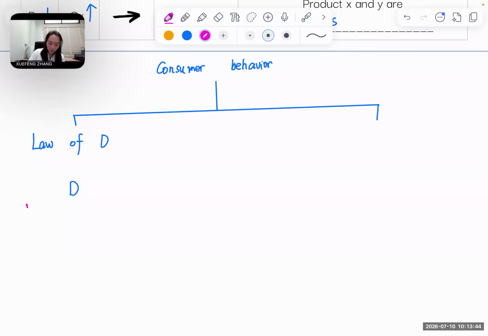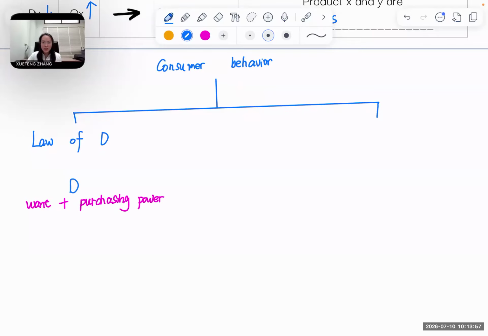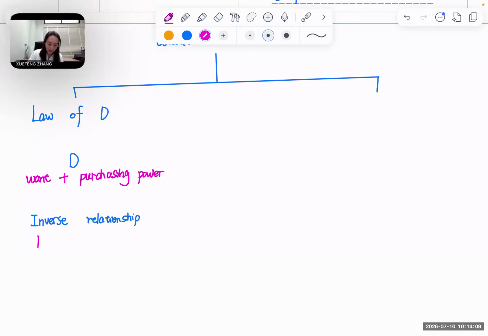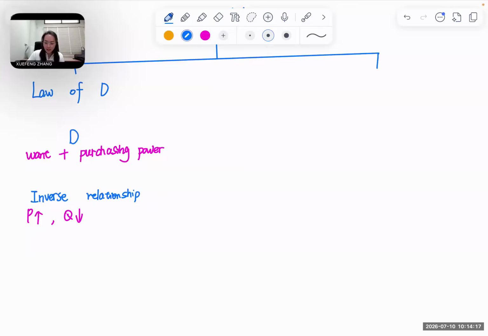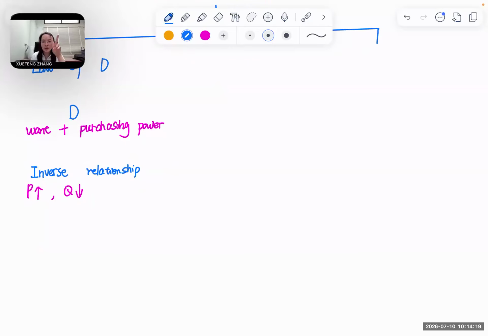It means want plus purchasing power. Okay, next one. What is the relationship between price and quantity? They have an inverse relationship, okay, which means price up, quantity down, right?